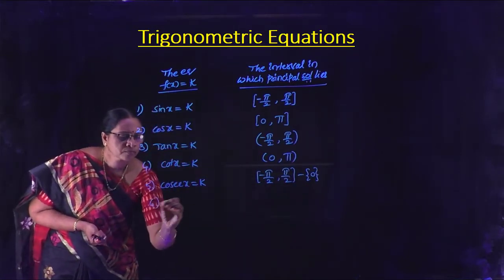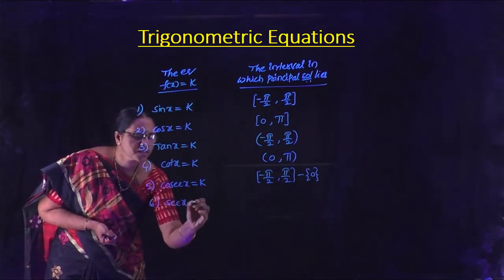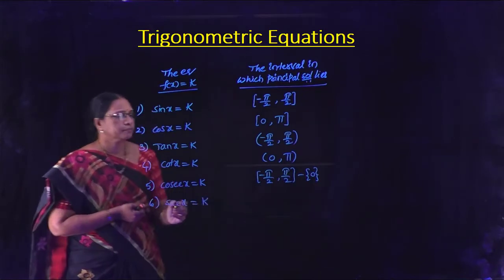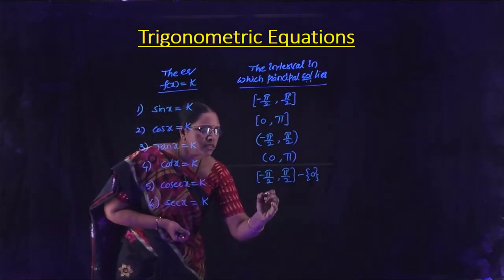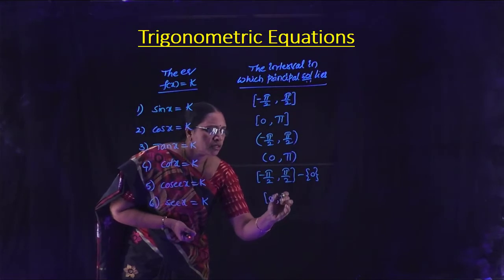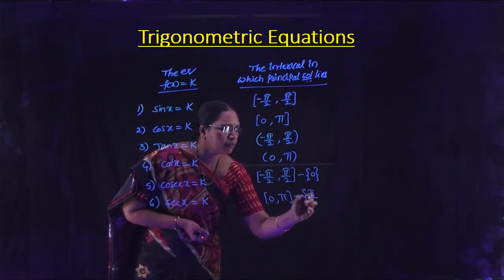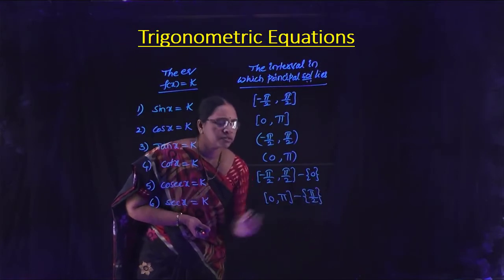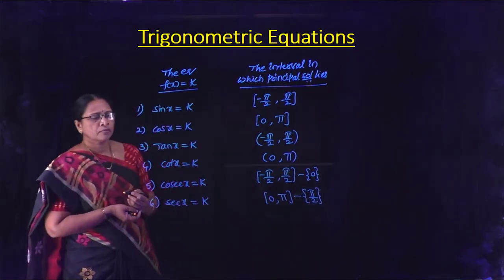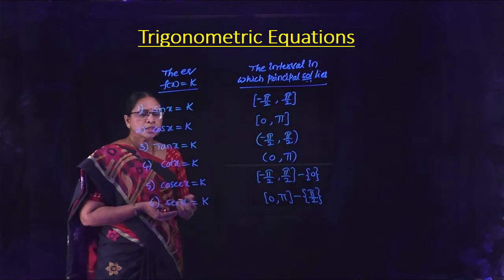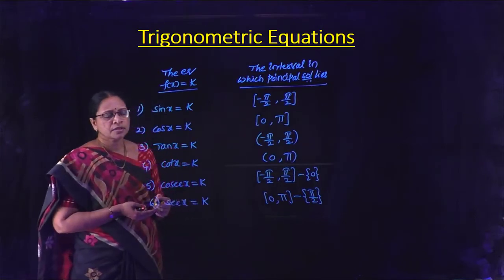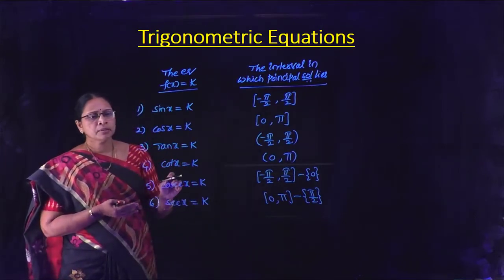Sixth one, secant x equal to k. The interval is the closed interval 0 comma pi minus the singleton pi by 2. To find the principal solutions of the given equation, we must remember this table.